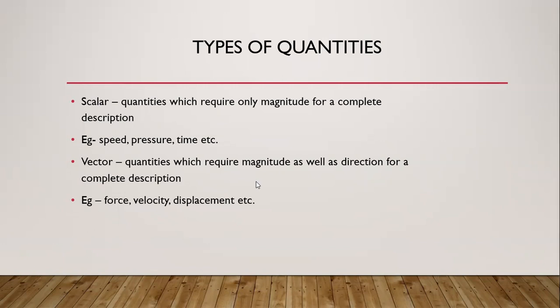In case of displacement, we need the direction in which the object is moving, so it is the shortest distance. In case of velocity, we are using displacement, which is a vector quantity, so velocity will also be a vector quantity. This is the reason why different quantities have different types of explanation.